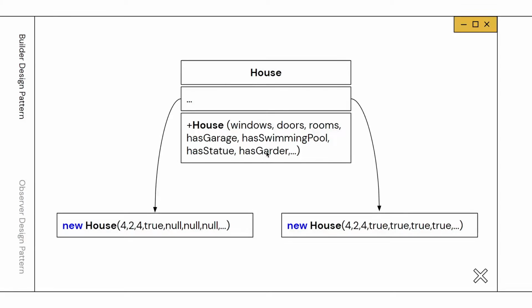But the problem here is that in most cases, most of the parameters will be unused. Thus, it will make the constructor ugly, because only a fraction of houses have swimming pools. So the parameters related to swimming pools will be useless 9 times out of 10.